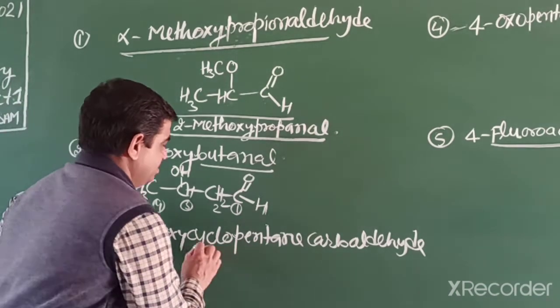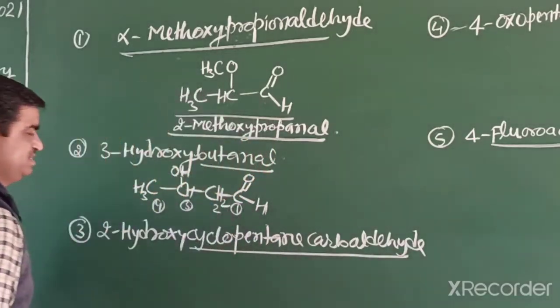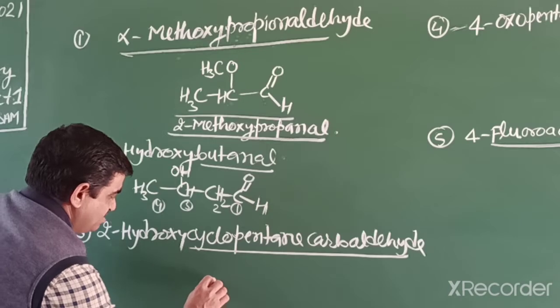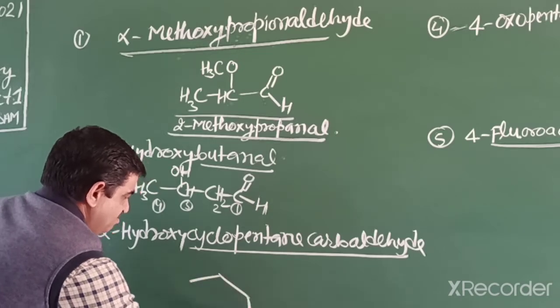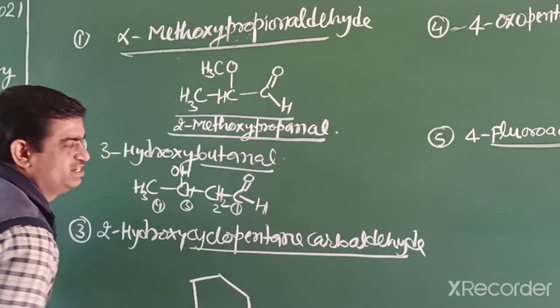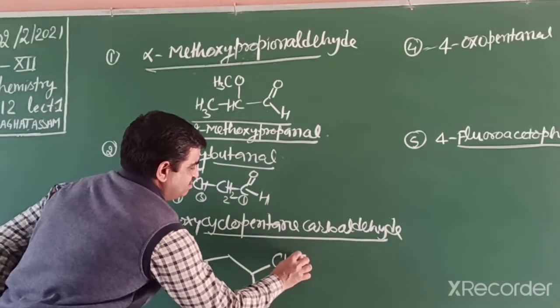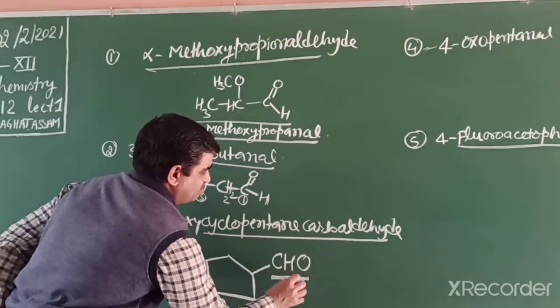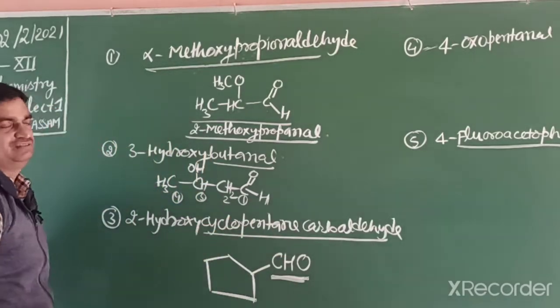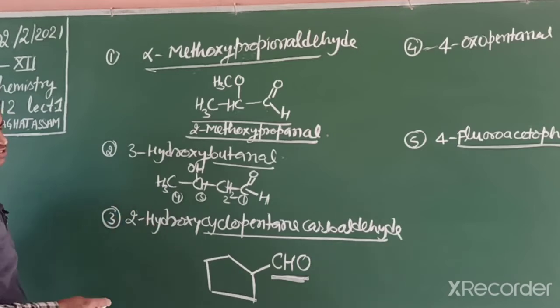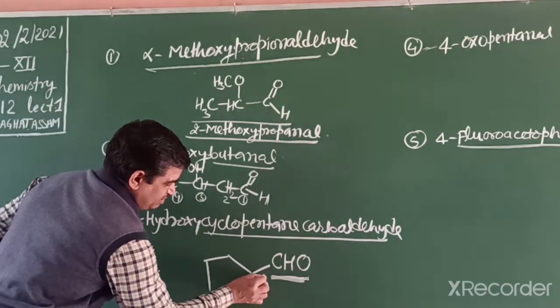Next one, 2-hydroxycyclopentane carbaldehyde. Cyclopentane carbaldehyde as an IUPAC name. First we write cyclopentane, and we have to write a separate carbaldehyde. When the carbon is not counted in the chain, we write it as carbaldehyde. So for 2-hydroxy, we have to start numbering from this side.